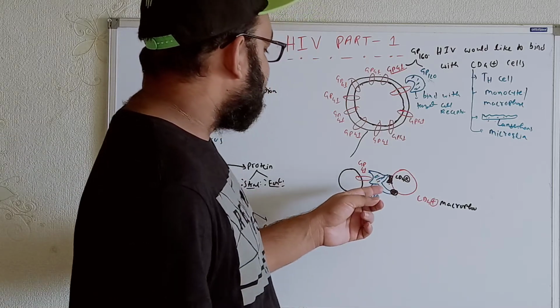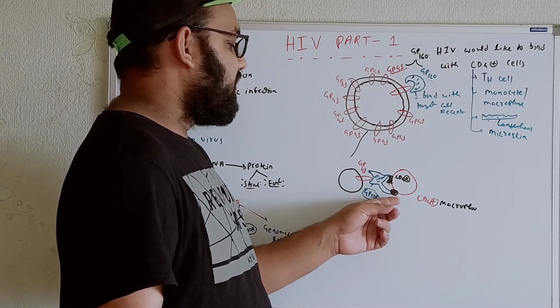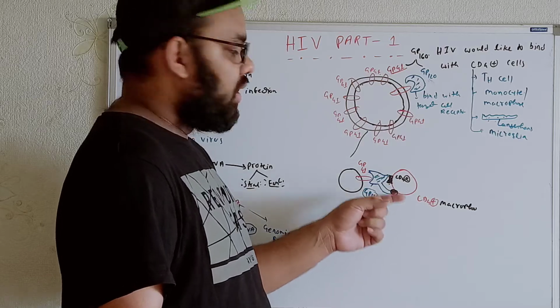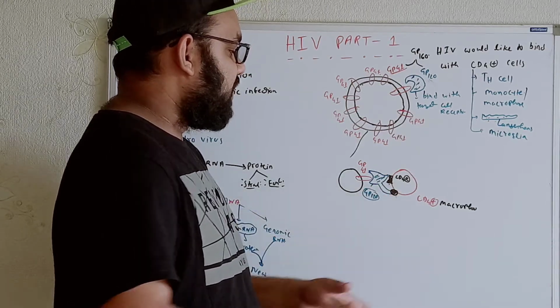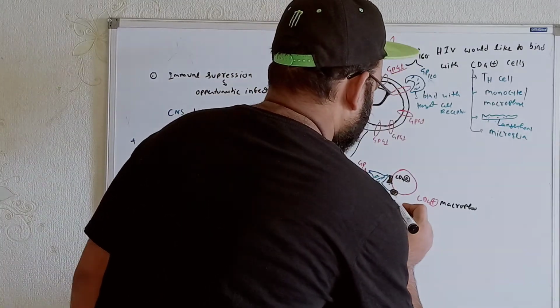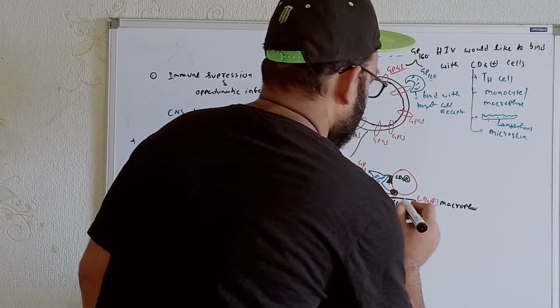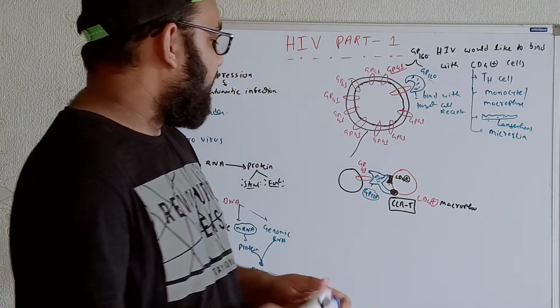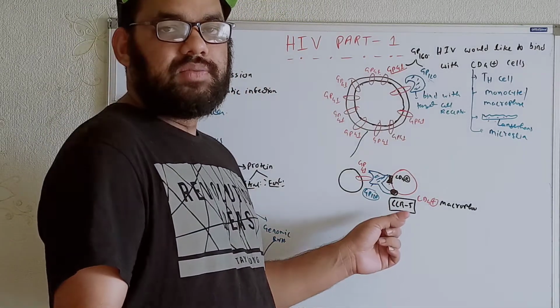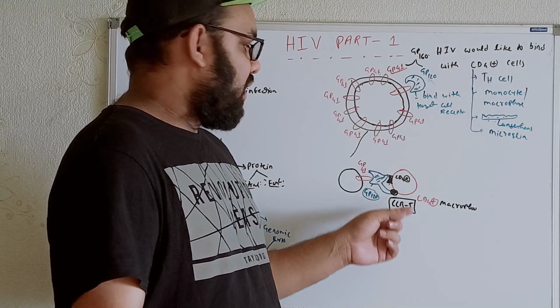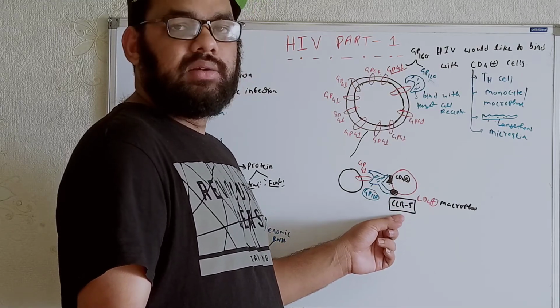But whenever the HIV comes over here, this HIV will utilize this receptor for its own purpose. Normally this receptor, you can write it over here, is known as CCR5, chemokine receptor 5. Normally the CCR5 is present within the macrophage for different kinds of chemokines.